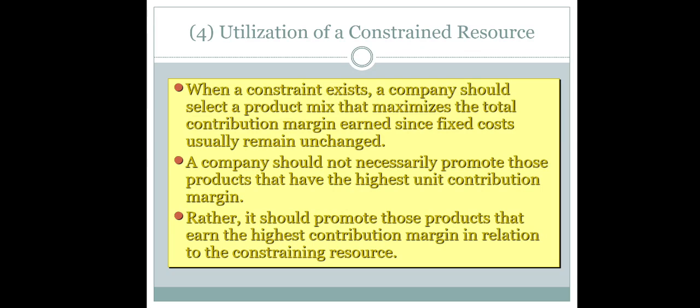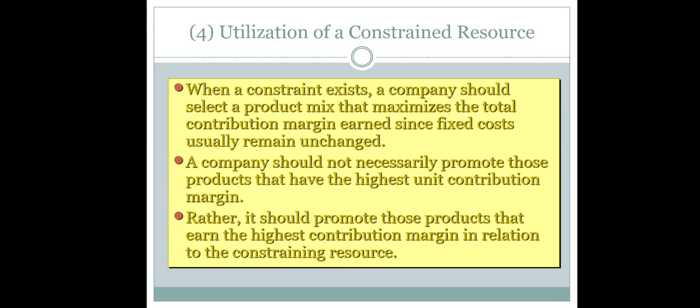Later in the next slide, you will see that the product that has to be prioritized is the product that can generate the highest contribution margin for a unit of constrained resource.